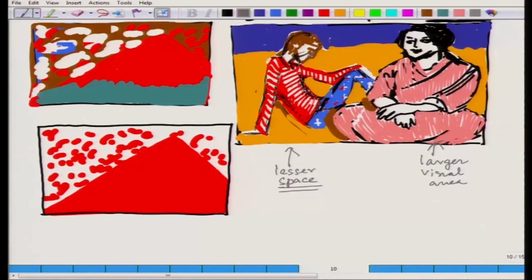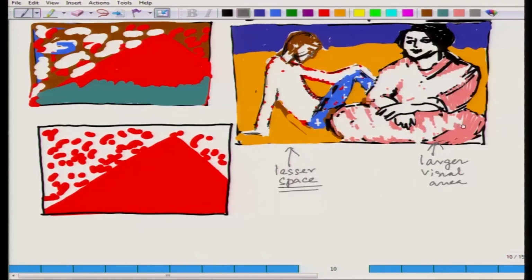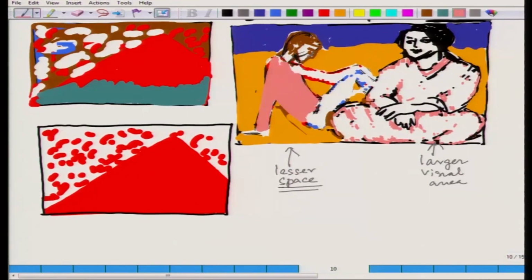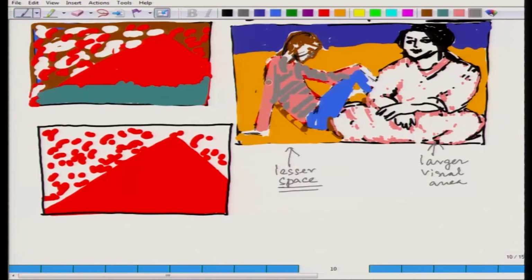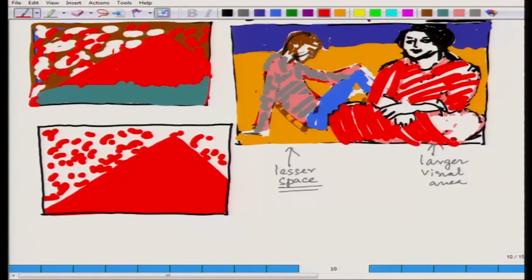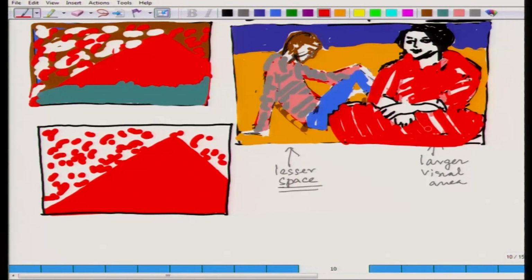Let us see what happens if we use an alternative factor, that we alter this combination and see what happens. So, the red and white combination in the larger visual area would have created some disbalance by making this area much heavier and making the left half less important.